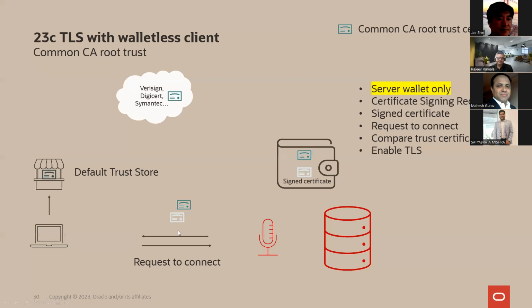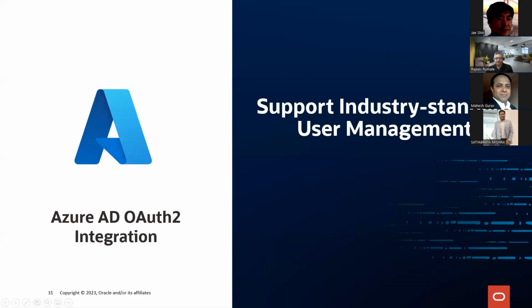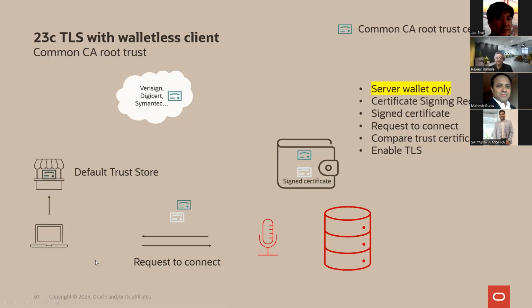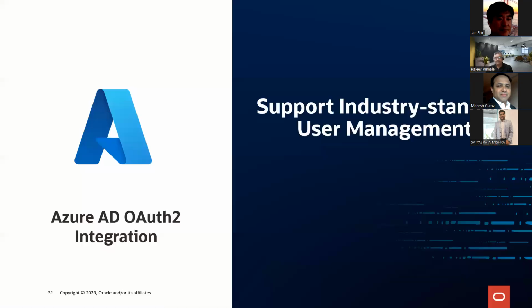So we know that we are communicating between two trusted parties. Once that is done, they will negotiate a symmetric key using which the ongoing traffic will be encrypted. So that's how it works.